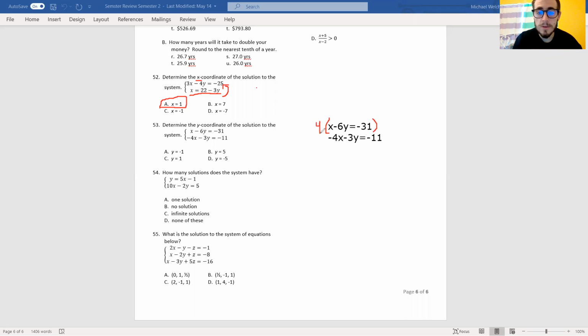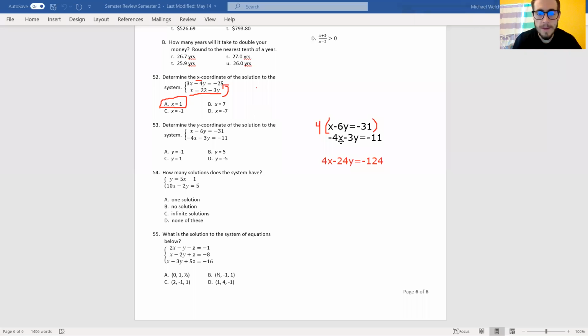The reason I chose 4 is because it's currently x here and negative 4x here, so once I multiply by 4, I get a pair of opposites, 4 and negative 4. I also could have multiplied the bottom by 2 or negative 2 because it would have given me 6 and negative 6. After I do that multiplication, I end up with 4x minus 24y equals negative 31 times 4, which is negative 124.